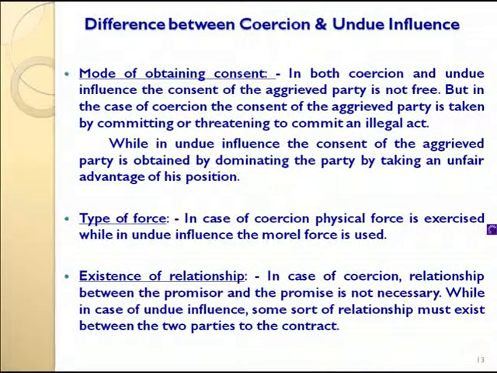So the relationship does not need to exist in case of coercion, but in case of undue influence, a relationship is always required. And remember, undue influence is all about the relationship, where one party had high power in the relationship. Due to that, he dominated and used unfair advantage from his position.